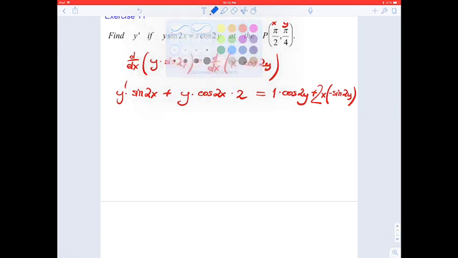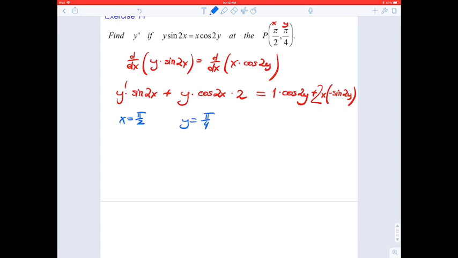Let's use the points. Okay, that means x value is pi over 2, y value is pi over 4. Let's see. This will be y prime sine of 2 times x. 2 times pi over 2 is just pi. Y is pi over 4. Cosine 2 times x. 2 times pi over 2 is pi. And times 2.